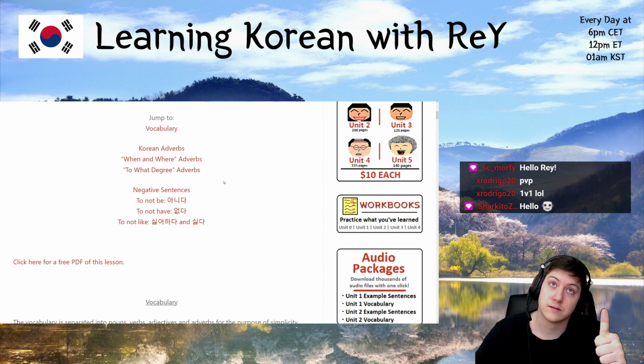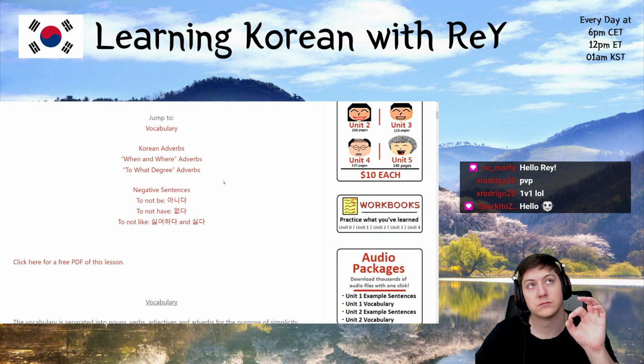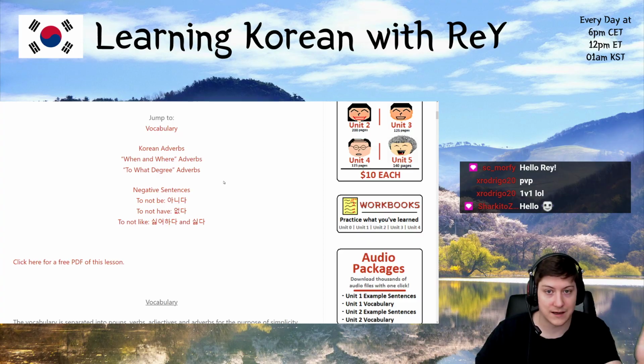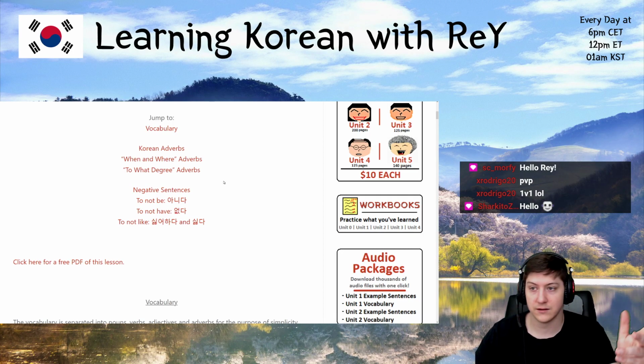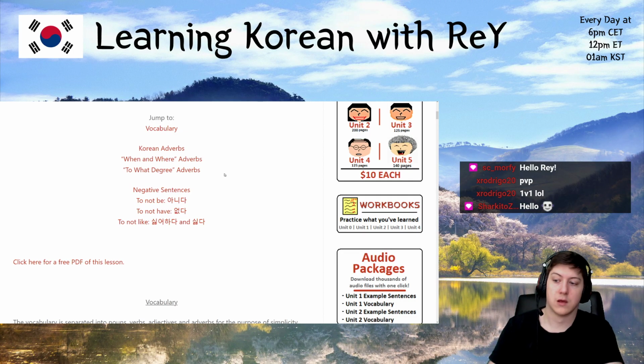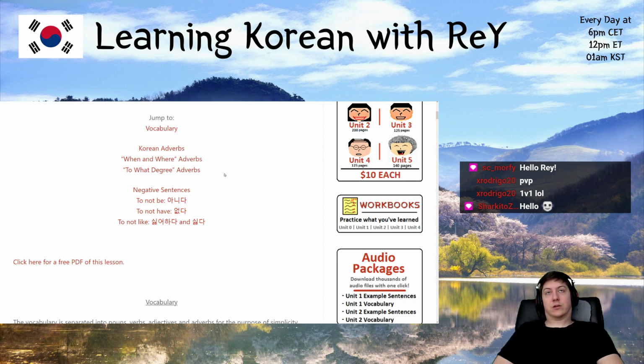You add an before the verb, or you add gianda, but the da gets removed in the end because you conjugate it. So gian basically. Gianasoyo. Gianayo.